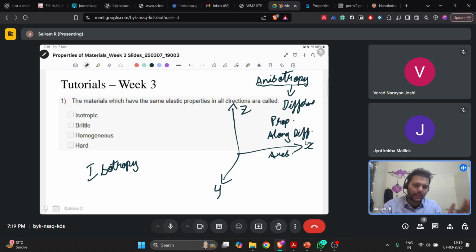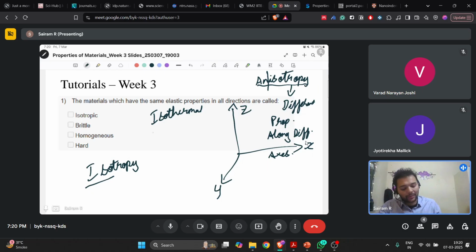If we go into the etymology of these terms, any term with the prefix "an" means the opposite of, and any word starting with iso, you would have heard isothermal.